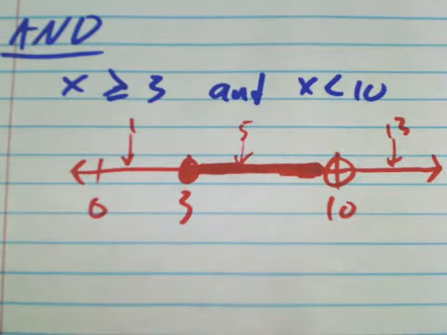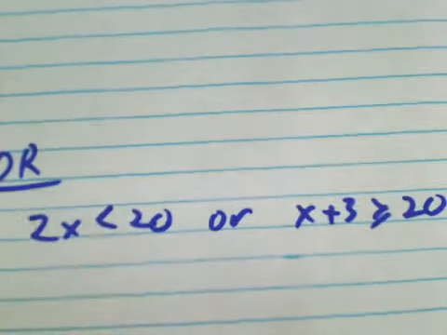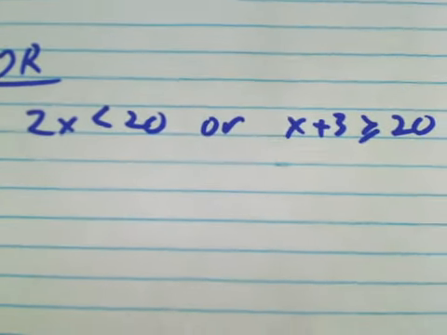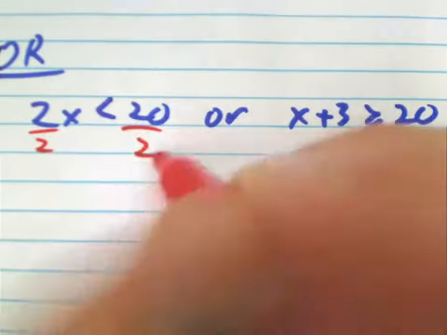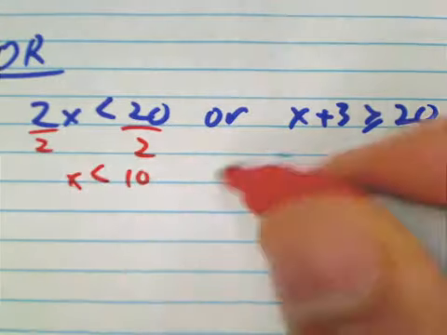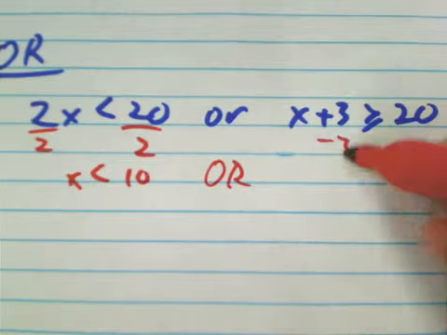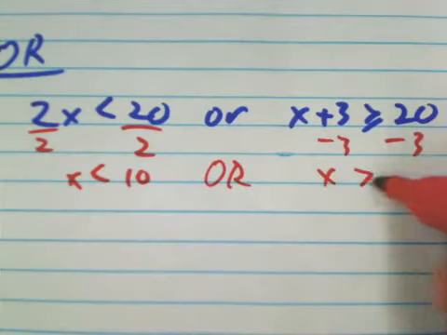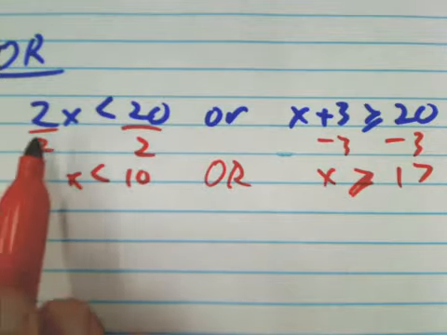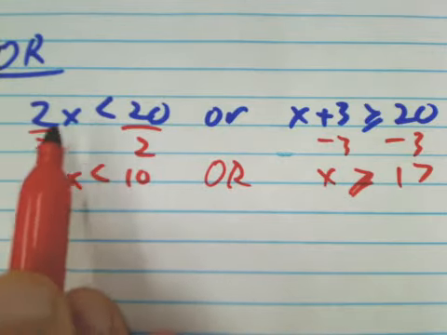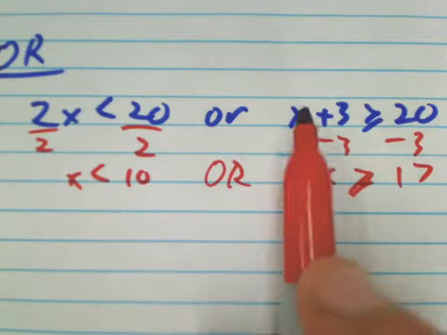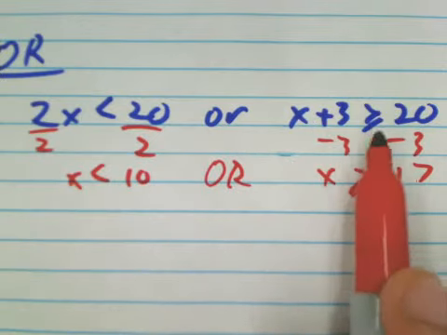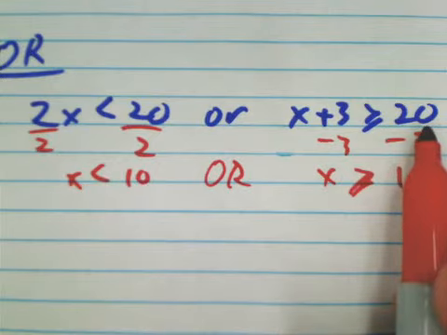Okay. There's one more type, an or, and then I'll let you try a couple, and then I'll shut up for a while. So this or inequality has a little bit of work to do, so let me do that first. x is less than 10, or, and this one I have to subtract 3, x is greater than or equal to 17. I guess I did that kind of quick. So back to the beginning, my original problem said, look, 2x is less than 20, or x plus 3 is greater than or equal to 20 as well.